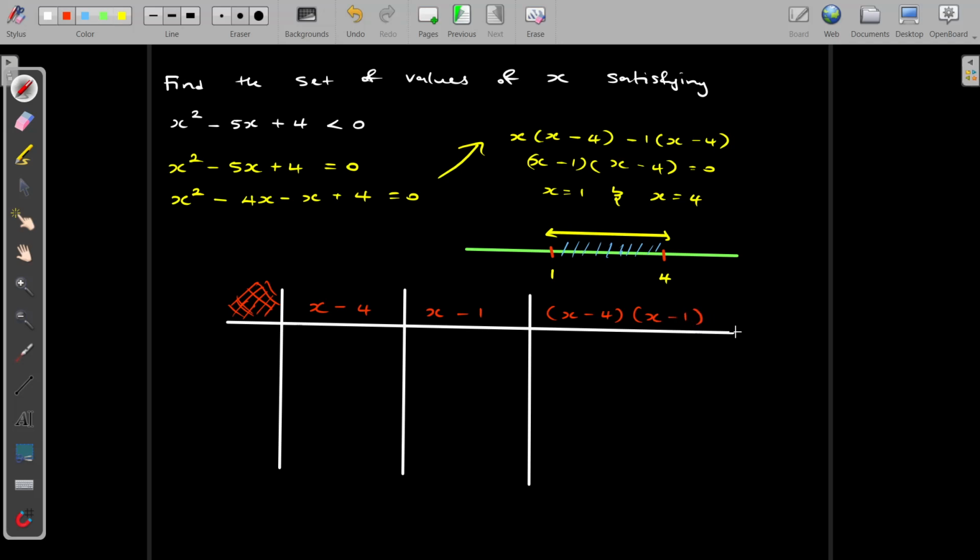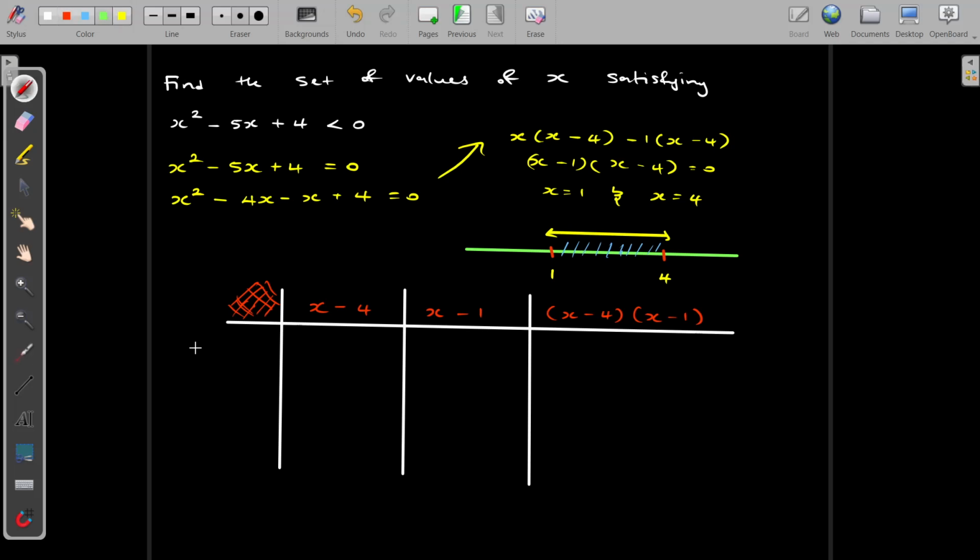Are we clear? Yes, sir. And then you know that when we combine the factors, it will give us back the original quadratic if we expand. So that's what we write in the row up here.